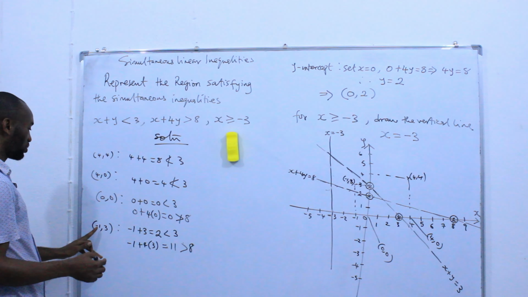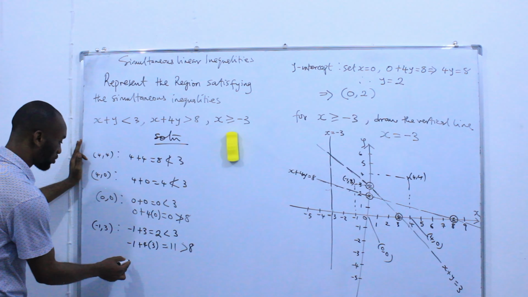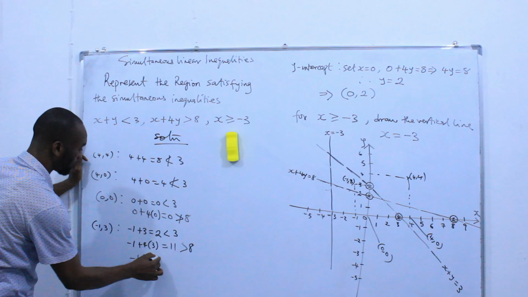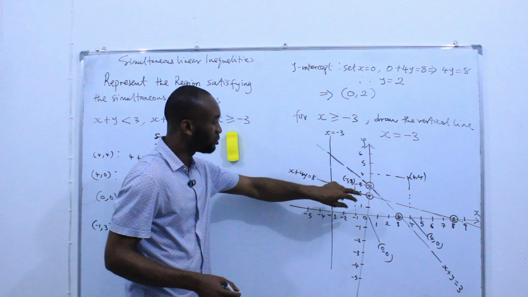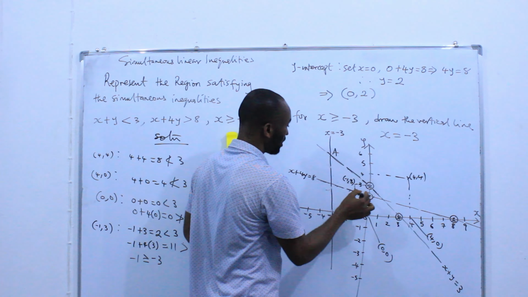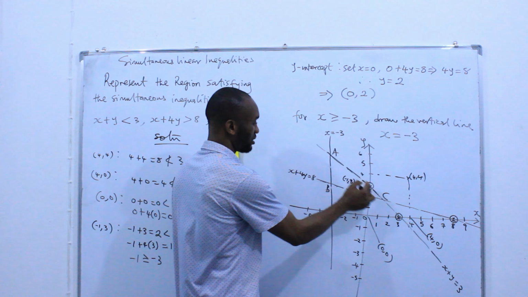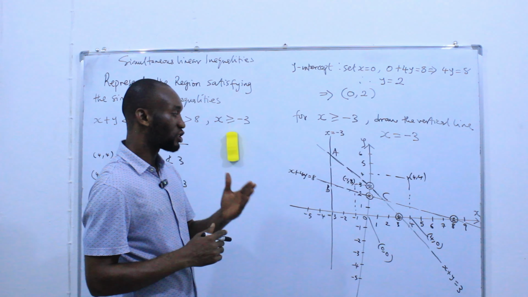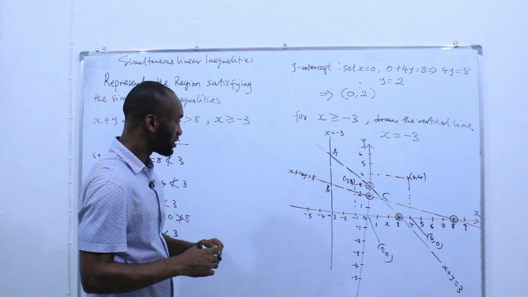And then if you put this one into that place, we have -1 is greater than or equal to -3, which is also correct. So that region will be shaded. This triangular region A, B, C will be shaded, which is the region that satisfies this simultaneous set of inequalities.